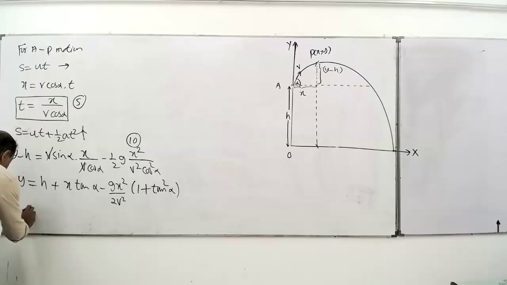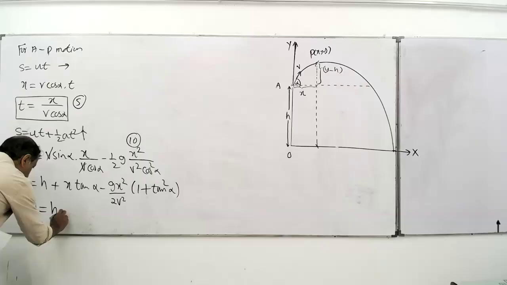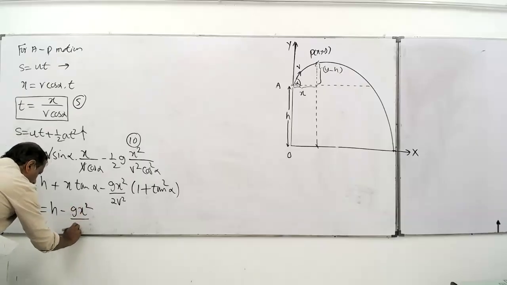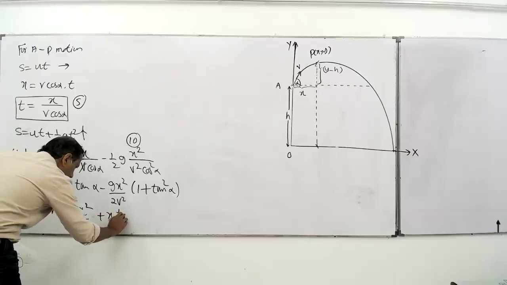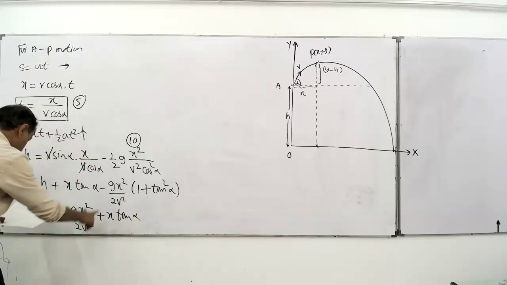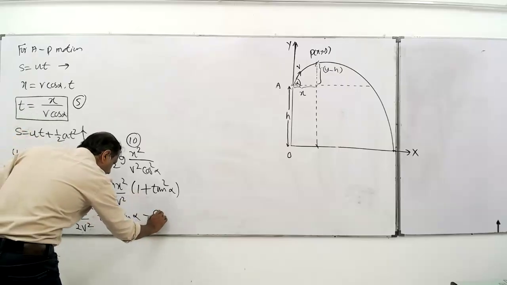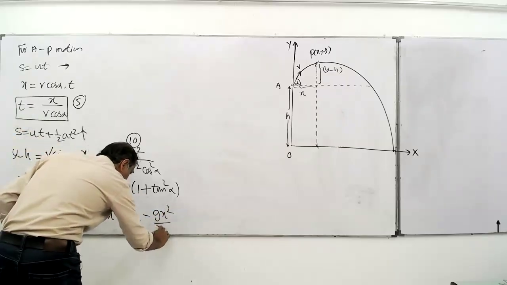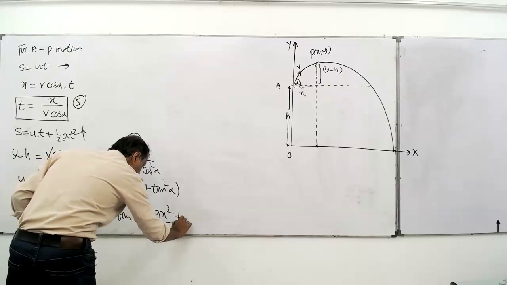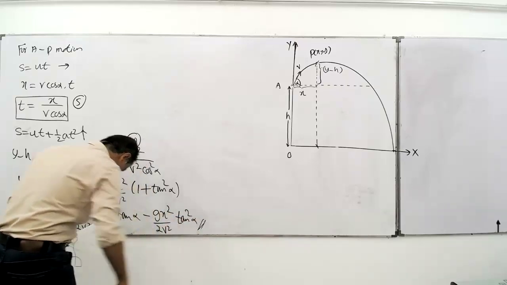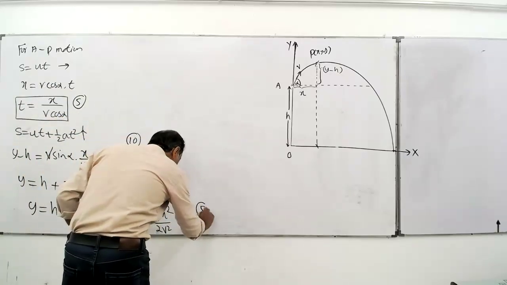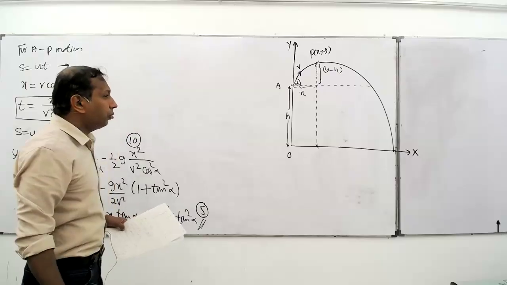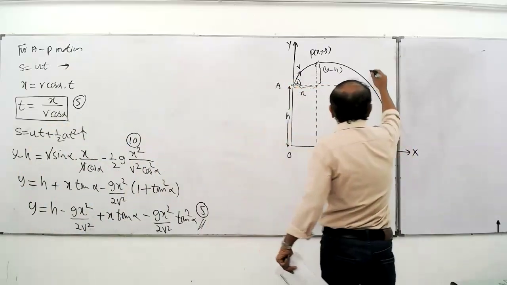Answer is coming like this. y equals h plus x tan alpha minus g x squared over 2v squared, and this and this, minus g x squared over 2v squared tan squared alpha. Right. So this is the answer. For this we get 5 marks. Here, people, I gave you 10 marks for this problem.